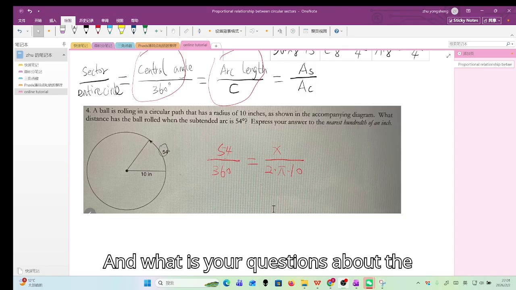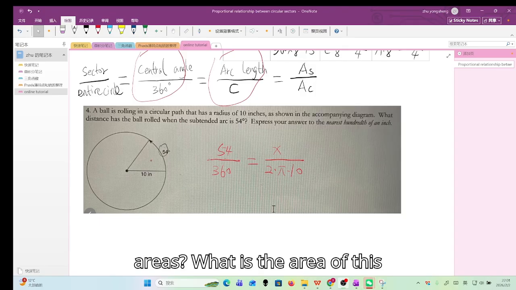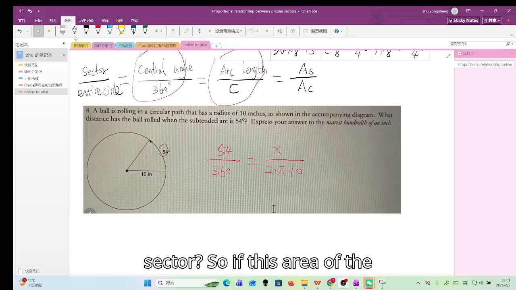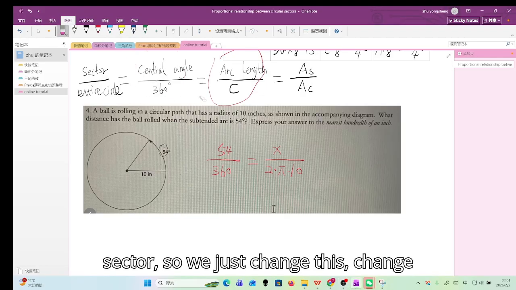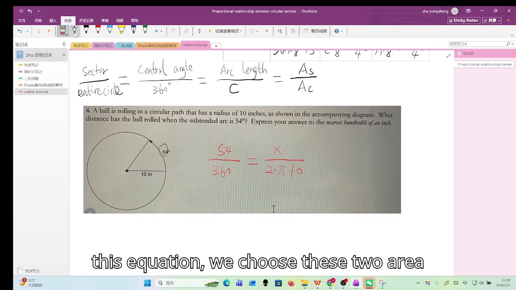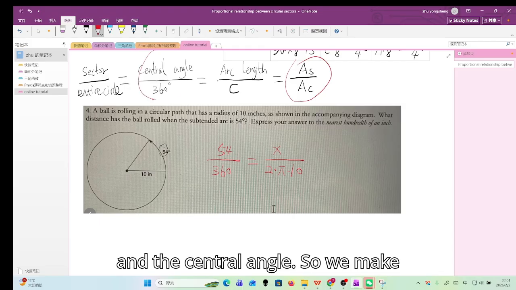And what if the question is about the area? What is the area of this sector? So for the area of the sector, we just change this equation. We choose these two, area and the central angle.